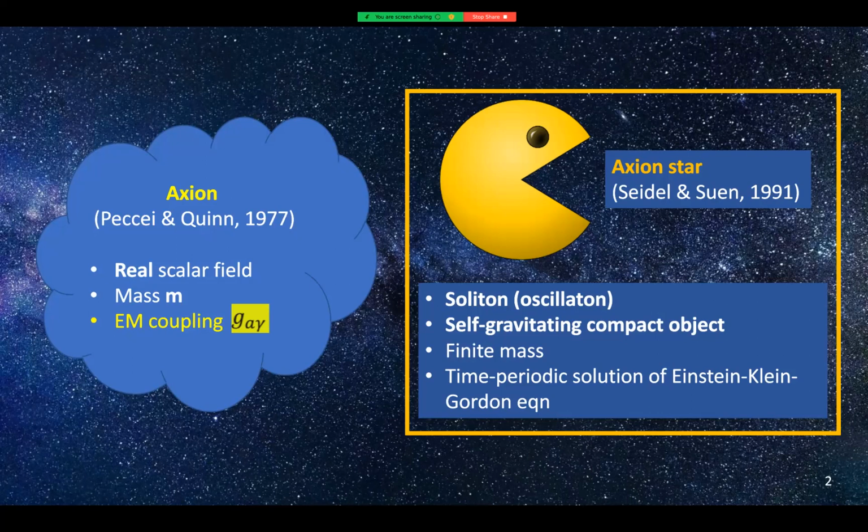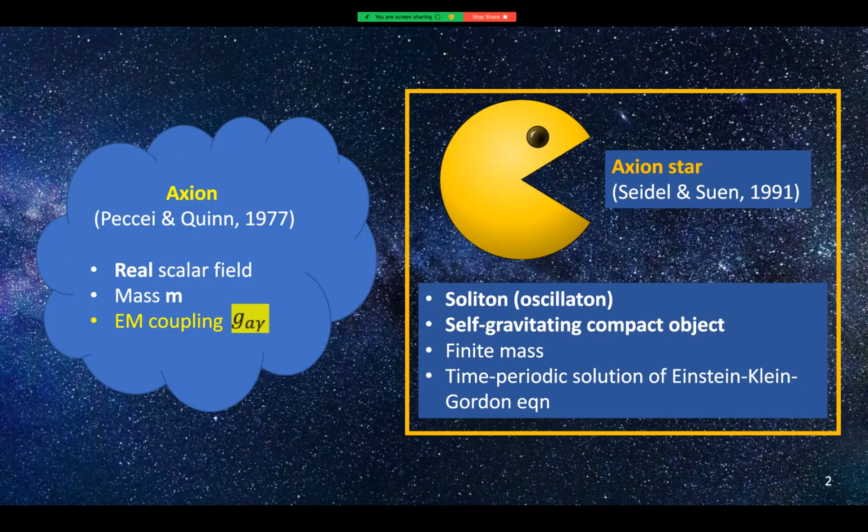We also call it a self-gravitating compact object, because I'm doing my work in the strong regime of gravity. Basically, what I mean by that is it's an energy packet held together by the competing forces of gravity, which wants to crush it, and the gradient energy, which wants to push it outwards. And hence, it's this compact object, which is stable.